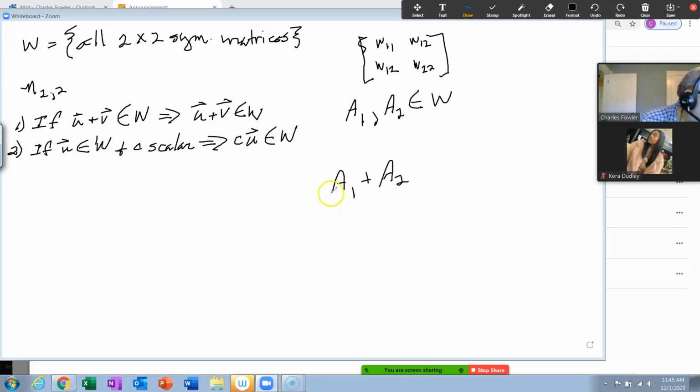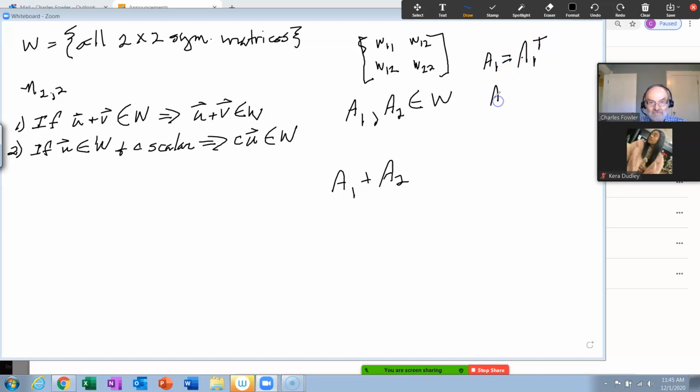If these are symmetric matrices, then you know that A1 is equal to A1 transpose and A2 is equal to A2 transpose. That's what it means to be a symmetric matrix.